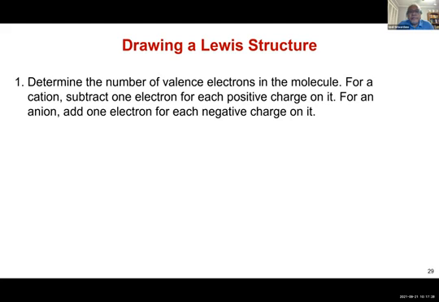To draw a Lewis structure for a particular covalent compound, you first calculate the valence electrons in the molecule, the total number of valence electrons from all the atoms making up the molecule.